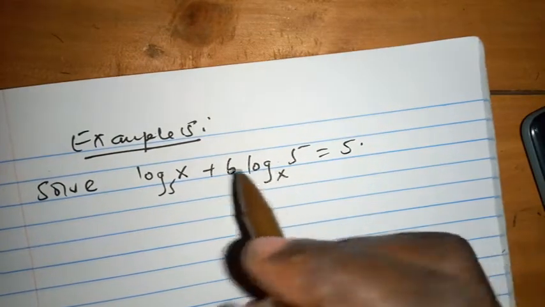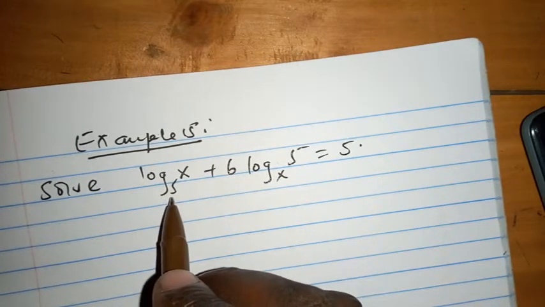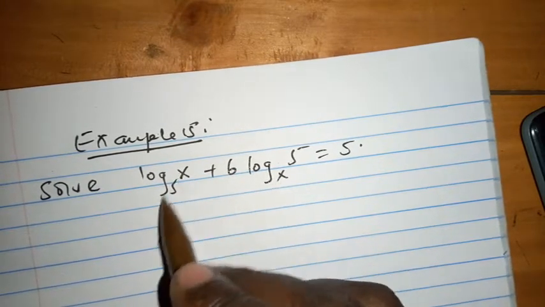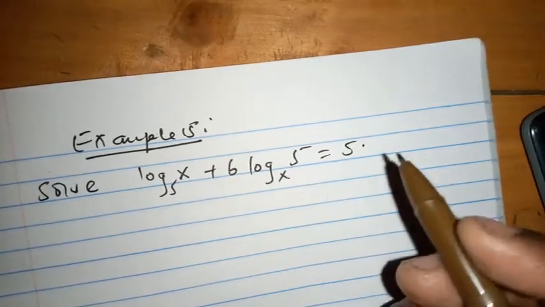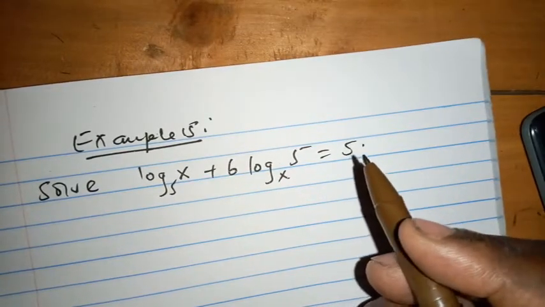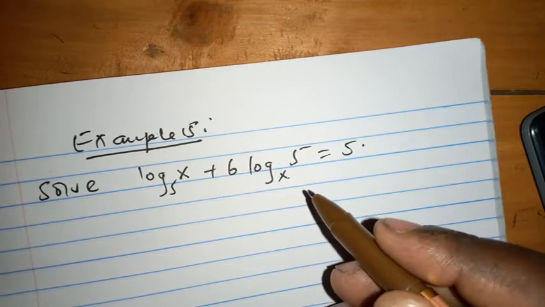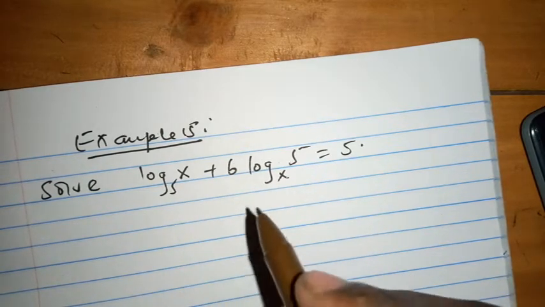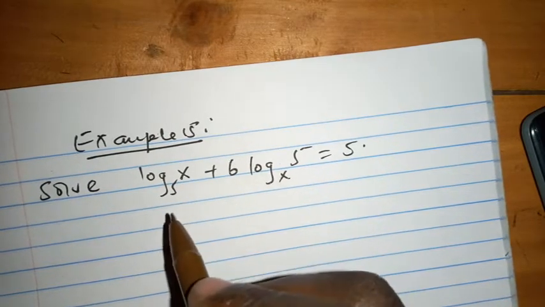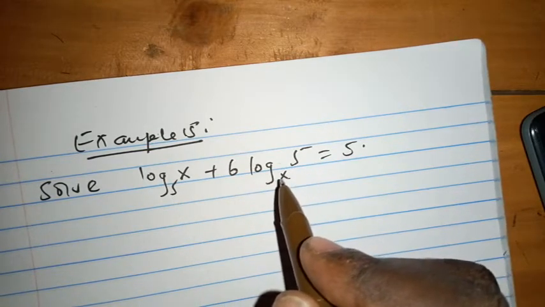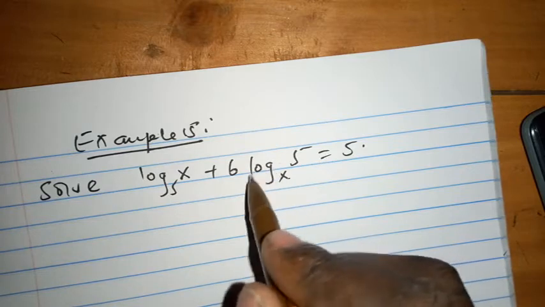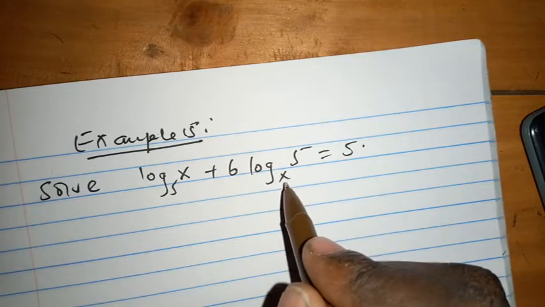And in this one, you can already see this one is a different base and this one is a different base, but they interchange x and 5 and 5 and x. So it depends on what you want to bring where. But I would wish to make log to base 5 in both cases, because we don't have anything to do with log to base x in the calculator.